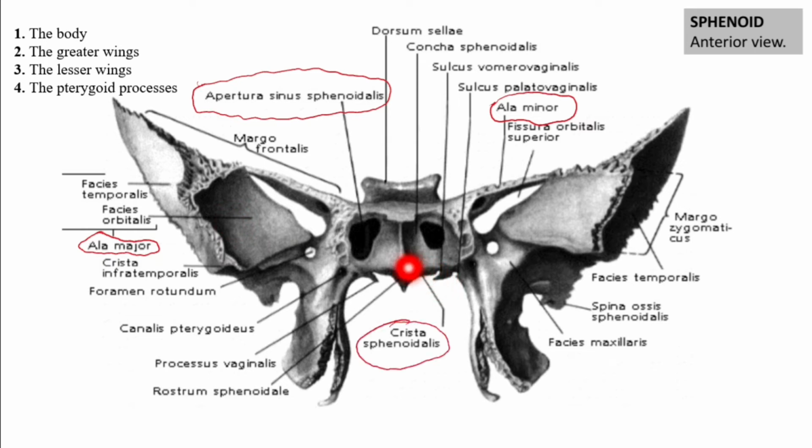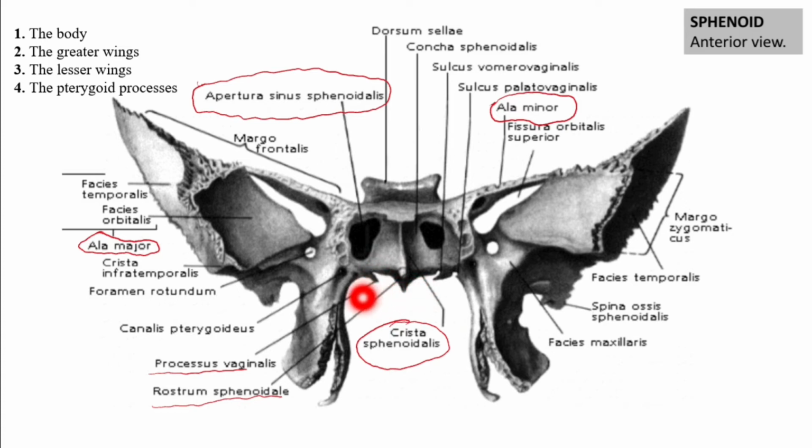Here, anterior to this body, you can see the sphenoidal crest, crista sphenoidalis, and it extends like a rostrum, so it's called rostrum sphenoidale. It extends coming towards you. Down below the body, there are these processes.